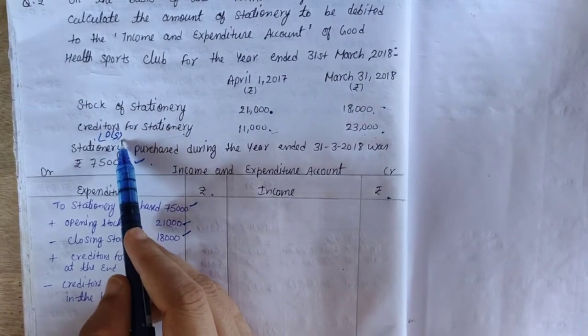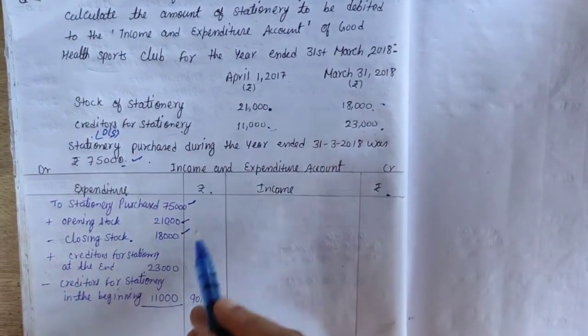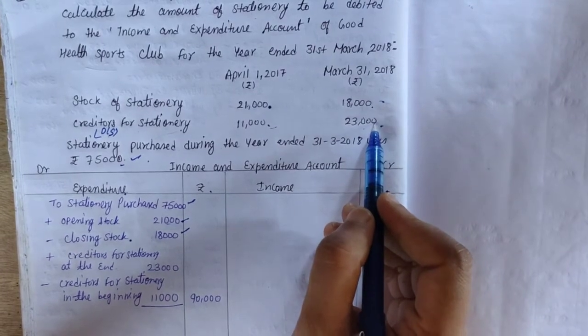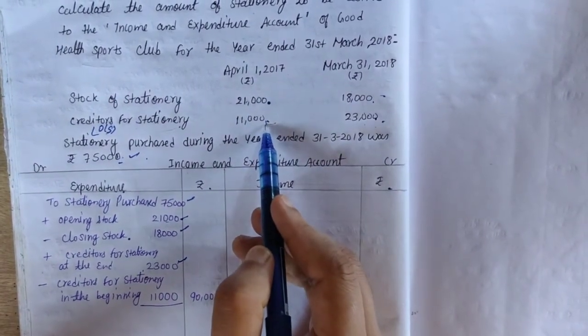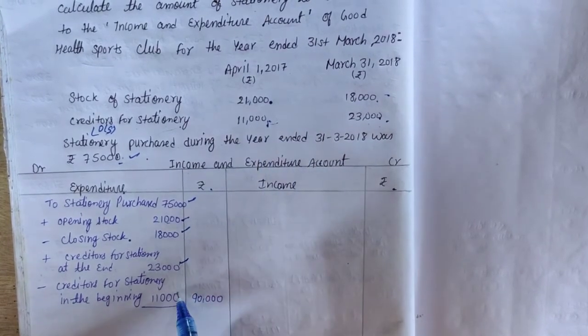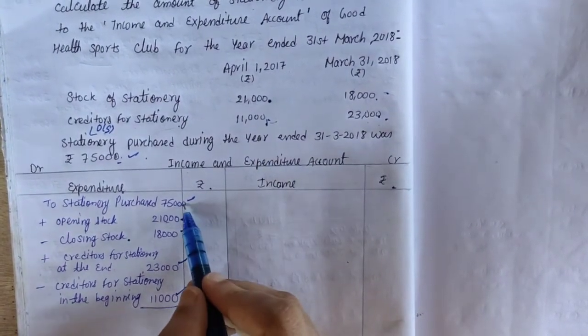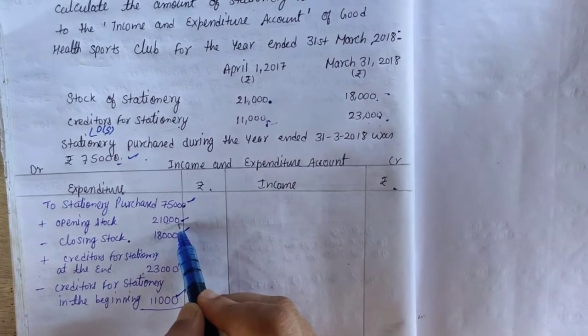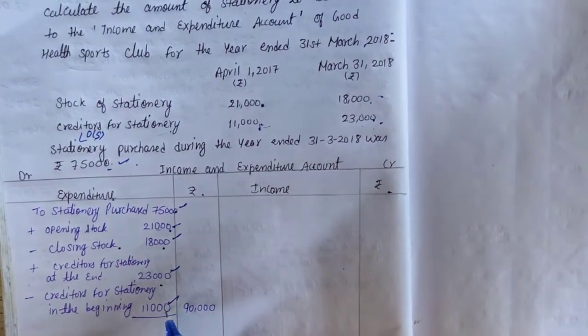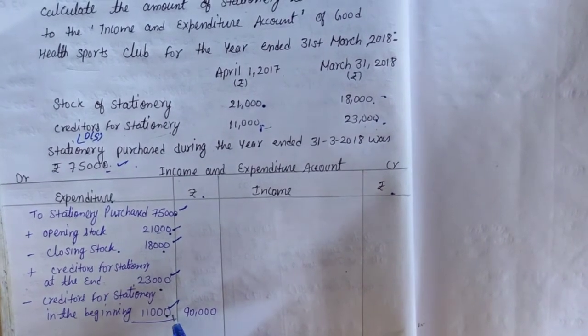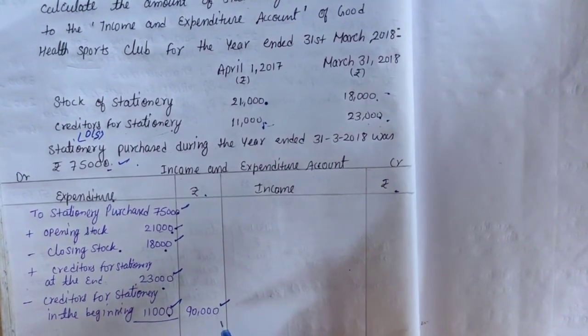Creditors means outstanding. So outstanding end, that is given 23,000, and we will add that value. And outstanding beginning, we will have to deduct that value of 11,000. Then 75,000 plus 21,000 minus 18,000 plus 23,000 minus 11,000, and we get the final answer, that is 90,000.